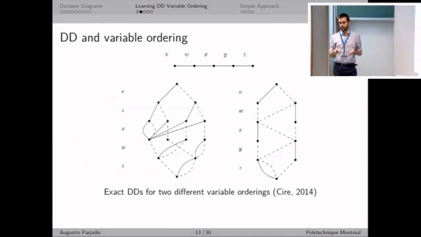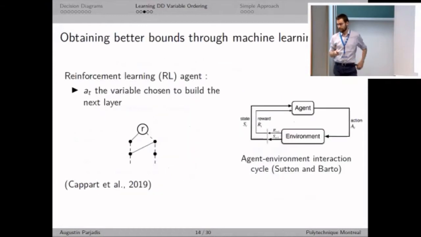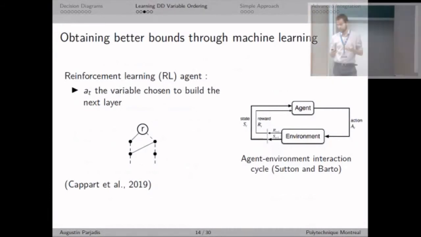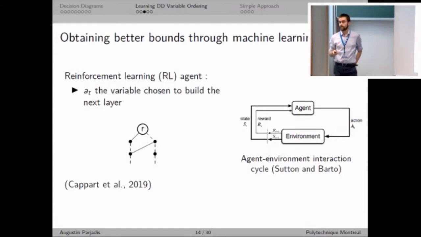With that consideration, we can define a reinforcement learning environment to compute good variable orderings for decision diagrams. Reinforcement learning focuses on having an agent interacting with an environment.